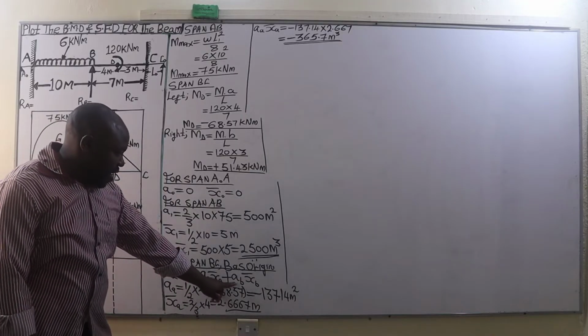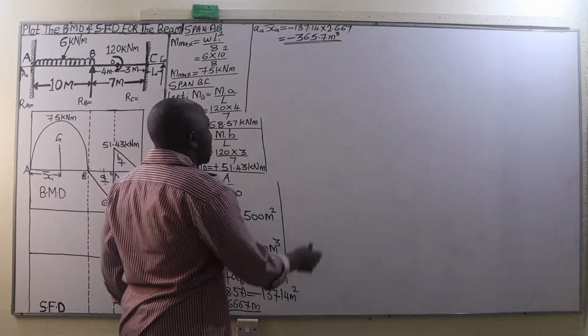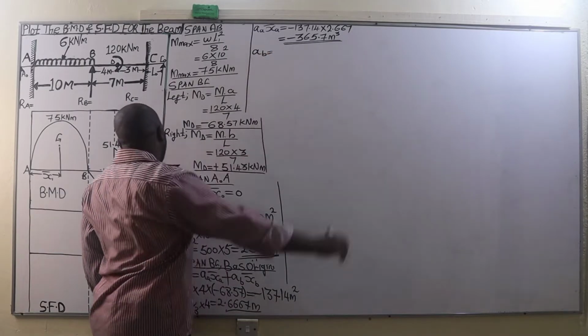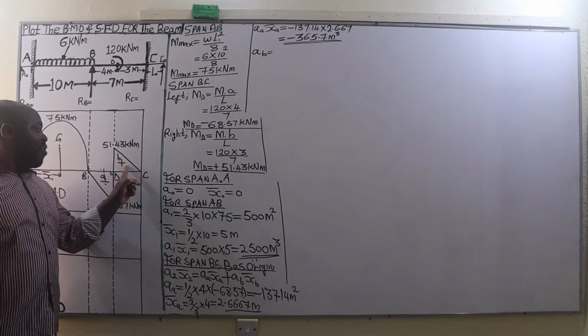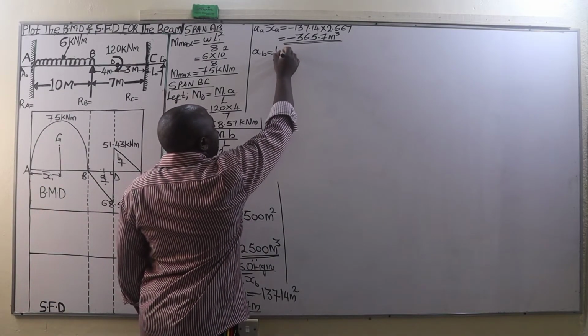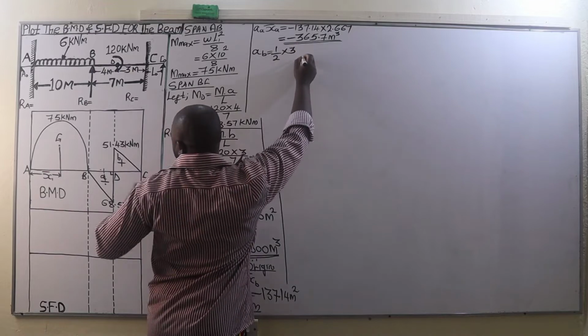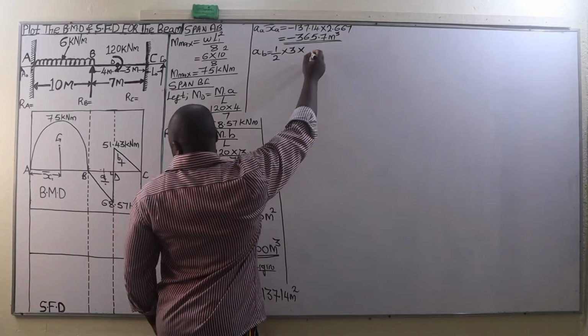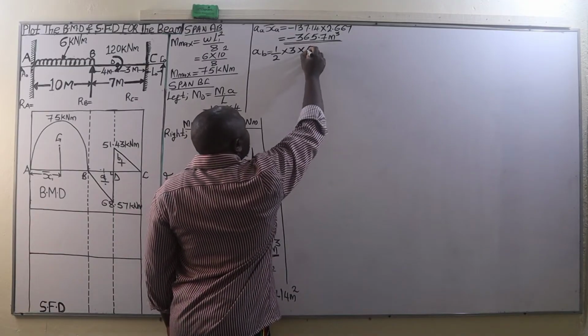From there we go to AB bar XB, and we begin with AB. AB is the area of this triangle, which will be given by a half of the base, 3 meters, multiplied by the perpendicular height, 51.43 units.